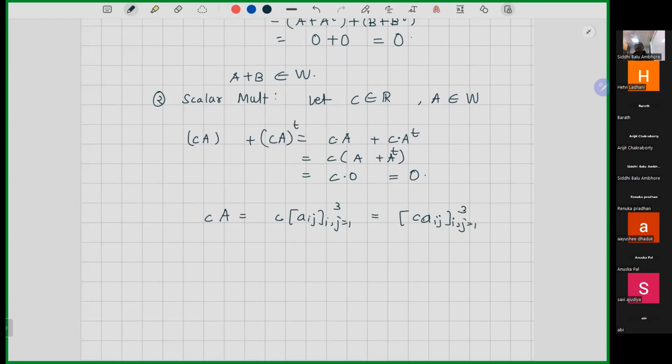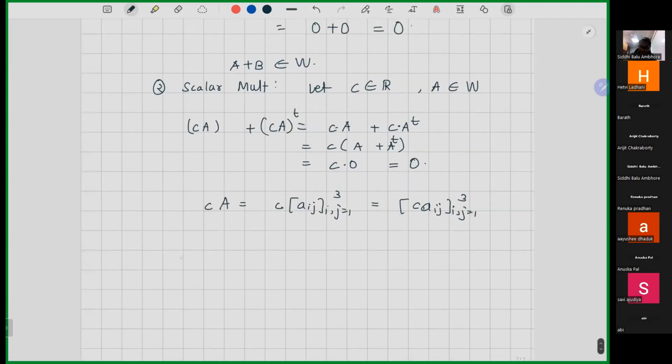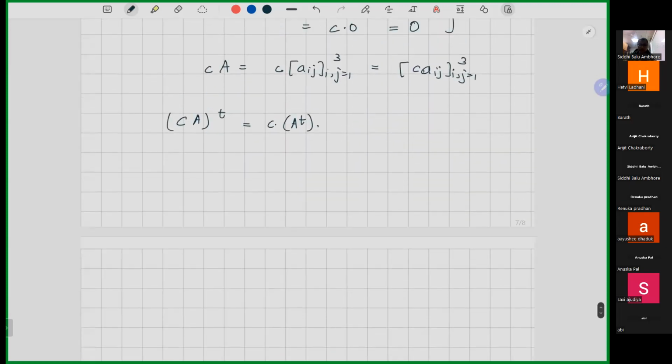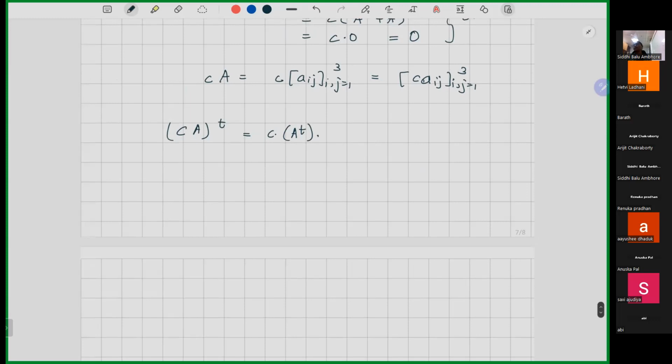So we are component-wise multiplying each element of A by C. And you can easily check this thing which I used, that CA transpose is C into A transpose. And since this is 0, we get that CA is in W, and again the scalar multiplication is satisfied here.